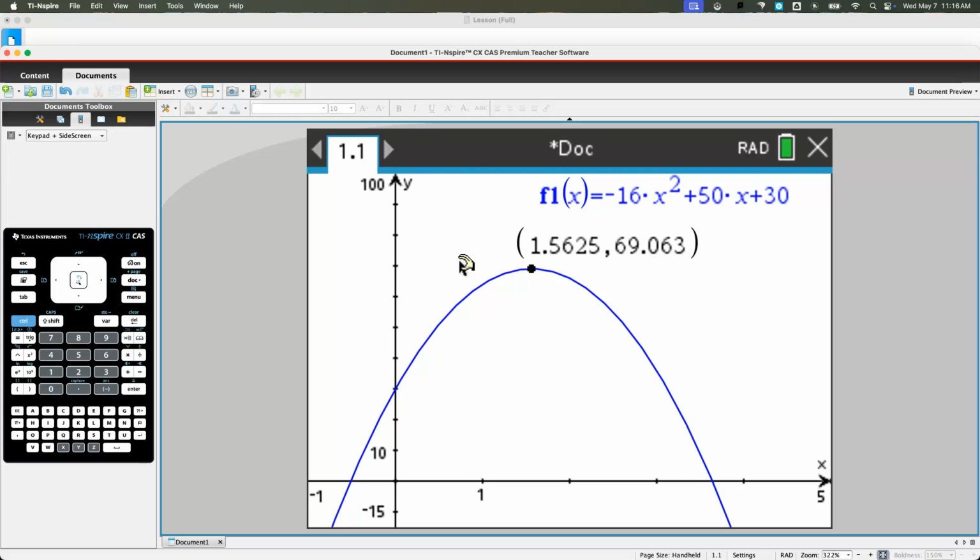At 1.56 seconds. Okay, so we release it, and 1.56 seconds later, it's a tongue twister, the ball reaches its maximum height, and then it starts to descend. Right? Okay. What else can we find from this graph?